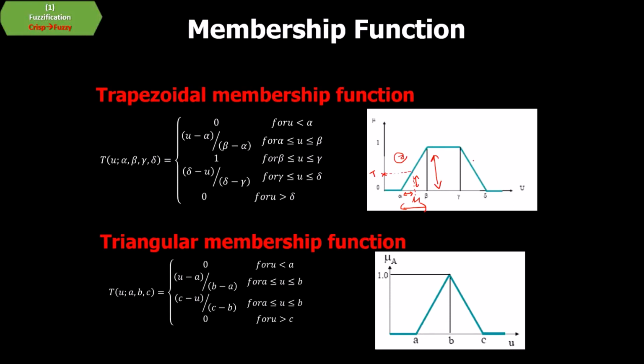So the value of t here is equal to, in this case, u, which is your universe of discourse. The length of this part is u minus alpha, over the length of the big part, which is 1 over beta minus alpha. In a simple way, this part equals 1 and the other part equals beta minus alpha. So we have t over u minus alpha, which means t equals u minus alpha over beta minus alpha.